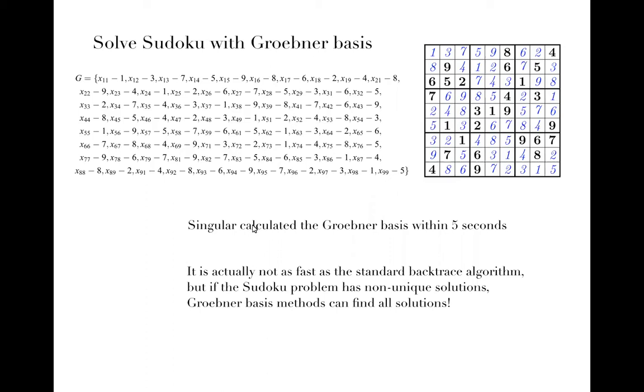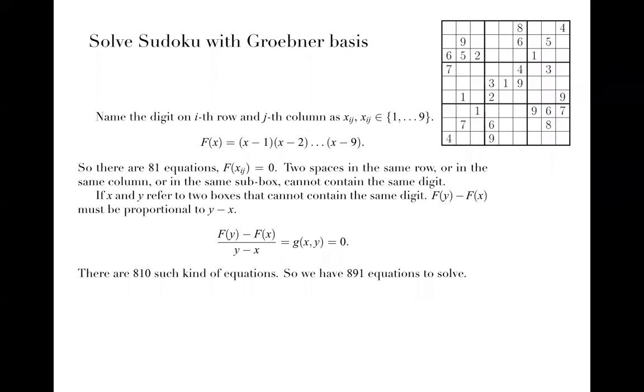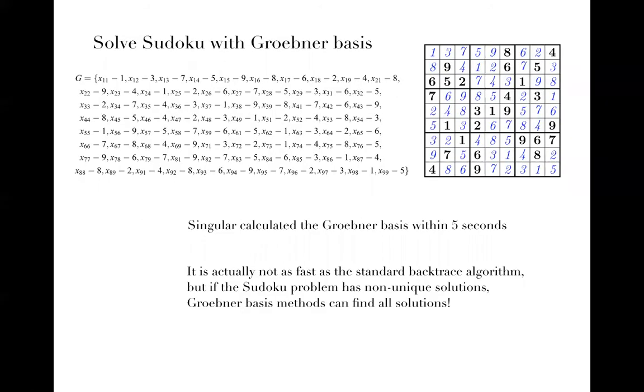So here, if you use Singular and its interface for the Groebner basis, although there are 900 equations and the degree is at most 9, which seems impossible to solve, it can actually be solved just by doing the Groebner basis. Within 5 seconds, Singular can calculate the Groebner basis and find x11 minus 1 is 0, so x11 is 1, x12 minus 3 equals 0, so this is 3.